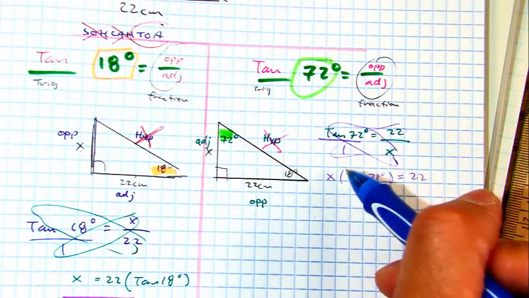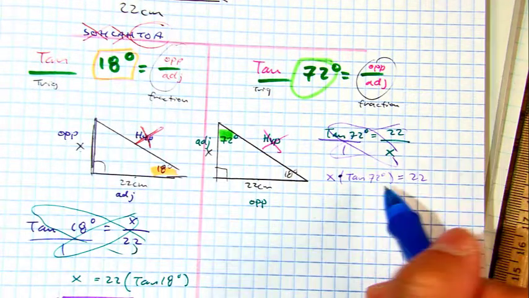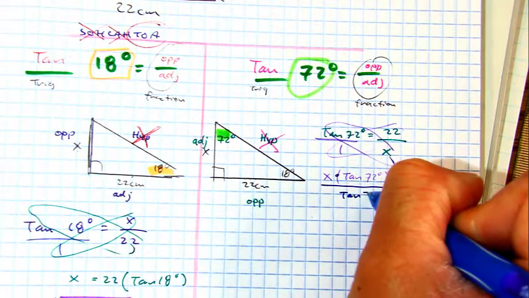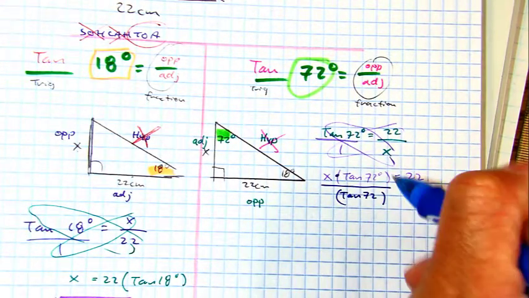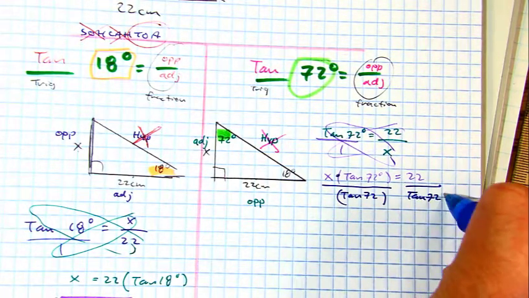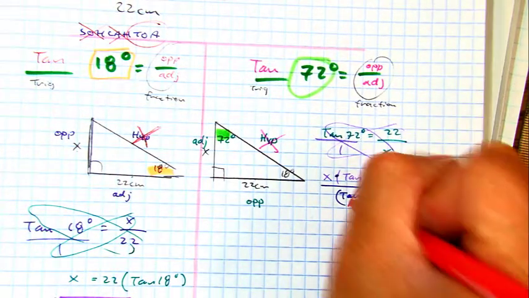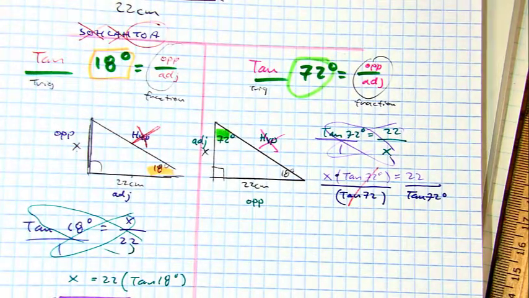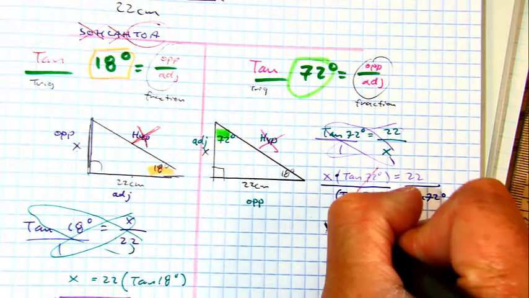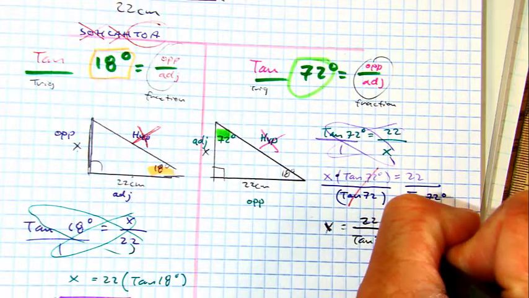Yeah, so right here is multiplication, and the opposite of multiplication is division. This problem looks slightly different because the variable was in the denominator. These will cancel, and then we're left with a calculator-ready equation: x equals 22 over tangent of 72.